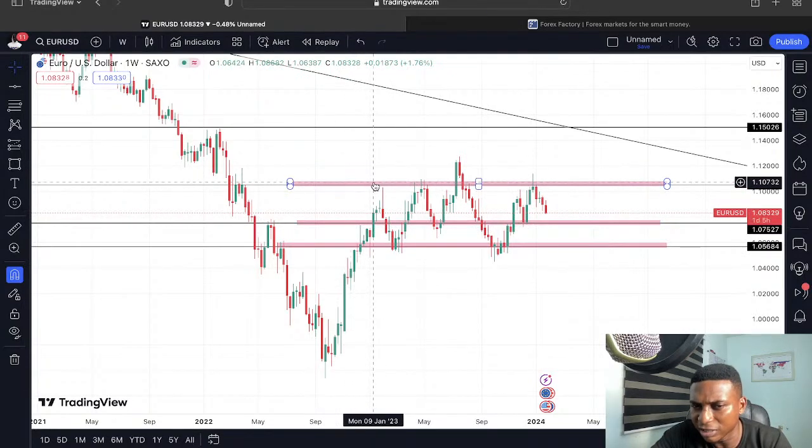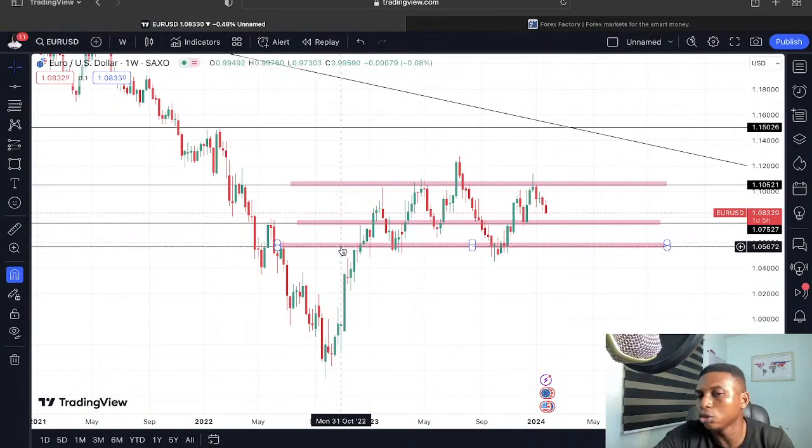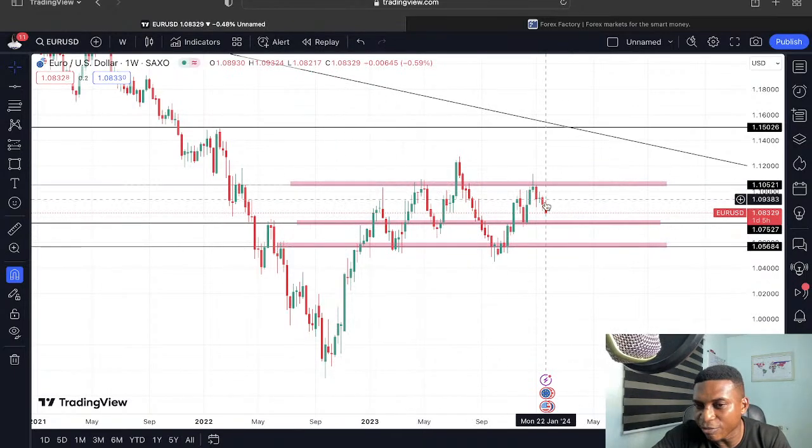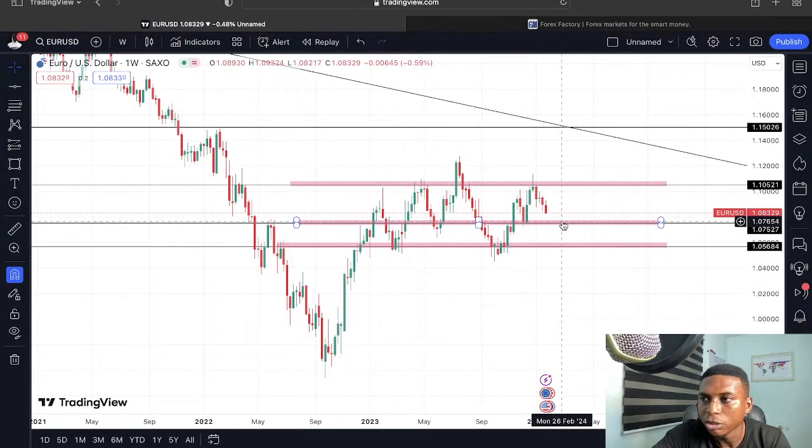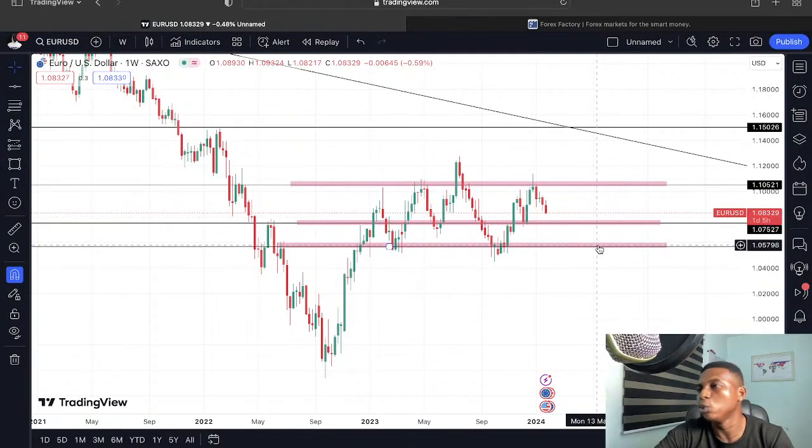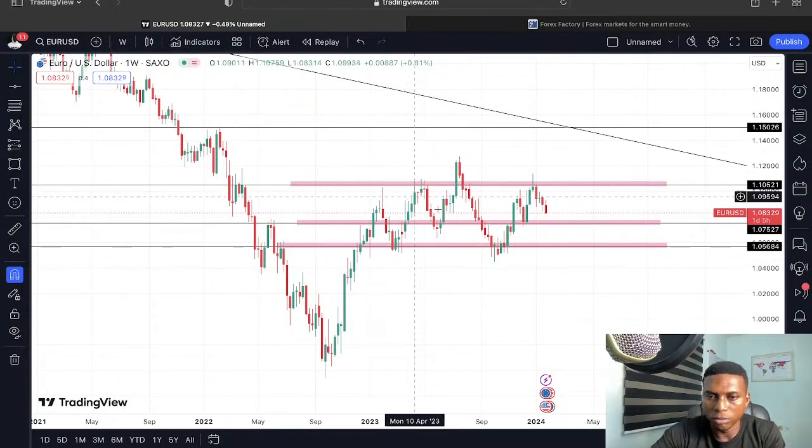Now we have our resistance zone above, our first support zone and our second support zone. If price comes down here and breaks out of it, this is the next level of support that might hold price or push it back up.